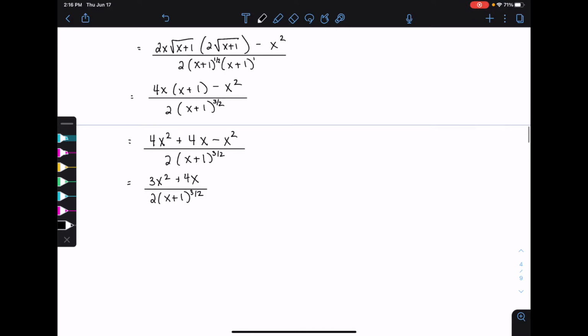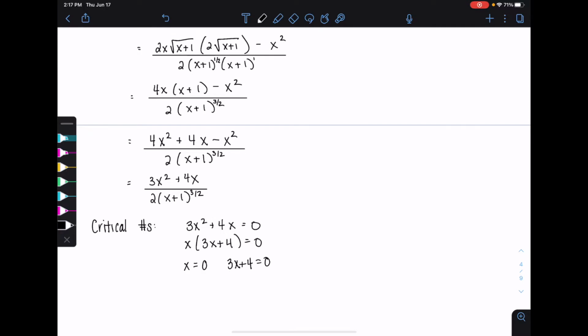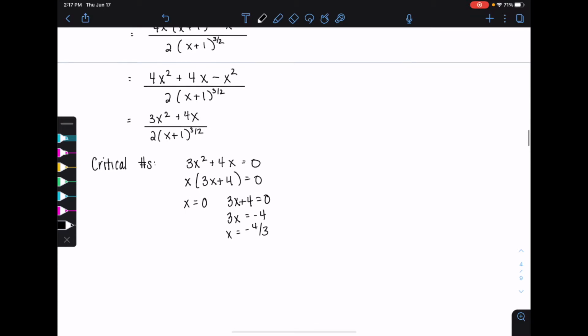So now we've got a nice format for our first derivative. We can now find our critical numbers. So this is going to be where this numerator is equal to 0. And so we can factor out an x to give us 3x plus 4 times x equals 0. So either x equals 0 or 3x plus 4 is 0. That's 3x is negative 4 or x is negative 4 over 3.